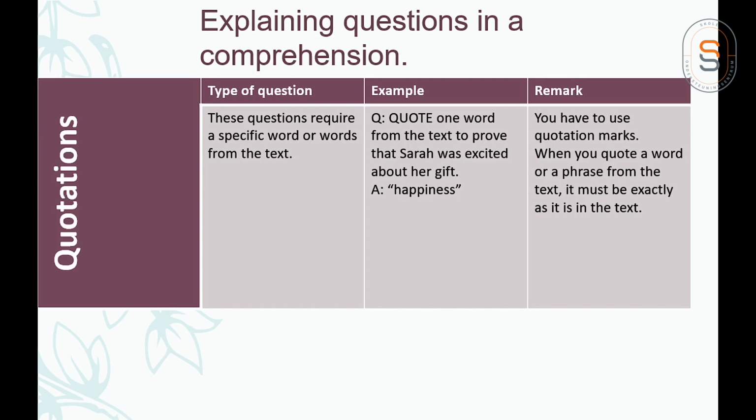So this one says, quote 1 word from the text to prove that Sarah was excited about her gift. See the quotation marks. The spelling is correct. I only quoted 1 word. You have to use the quotation marks, and when you quote a word or a phrase from the text, it must be exactly as it is in the text.